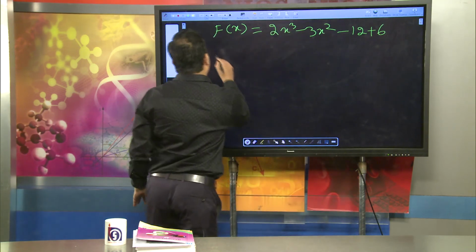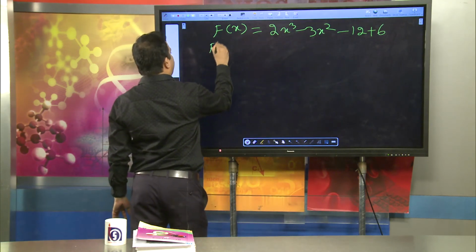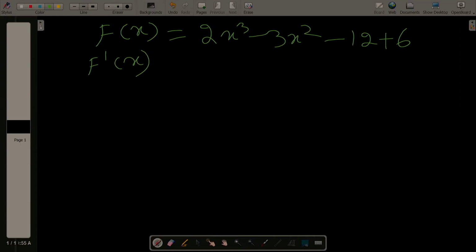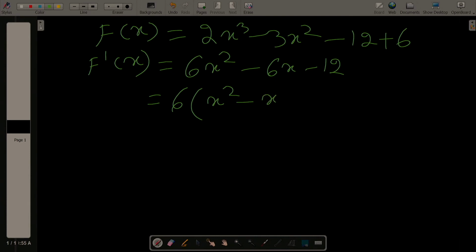Now we have to find f dash x, because we have to find the slope of the tangent of the curve, which is nothing but f dash x. So f dash x is equal to 6x square minus 6x minus 12. If we take 6 as common, we get x square minus x minus 2.